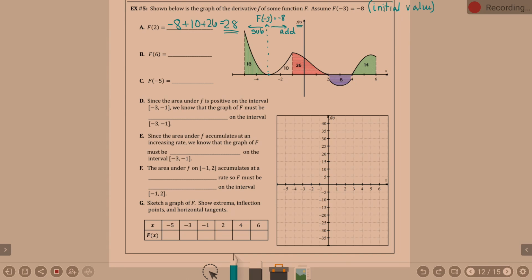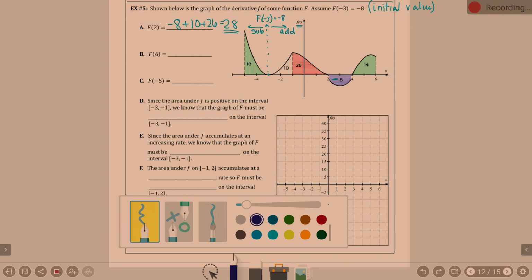Now, what about f of 6? What can I do there? Subtract 8, add 14. That's 6. Add 6 to 28. You get 34. So why are we needing to subtract the 8? It's below the x-axis, so the area is negative 8.